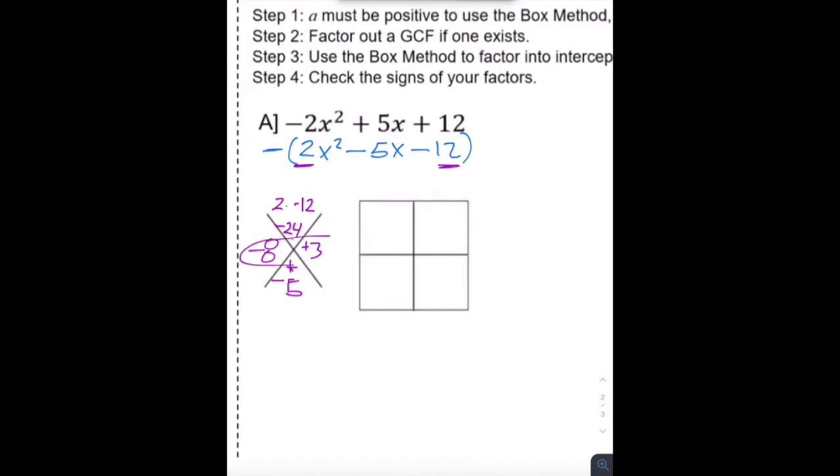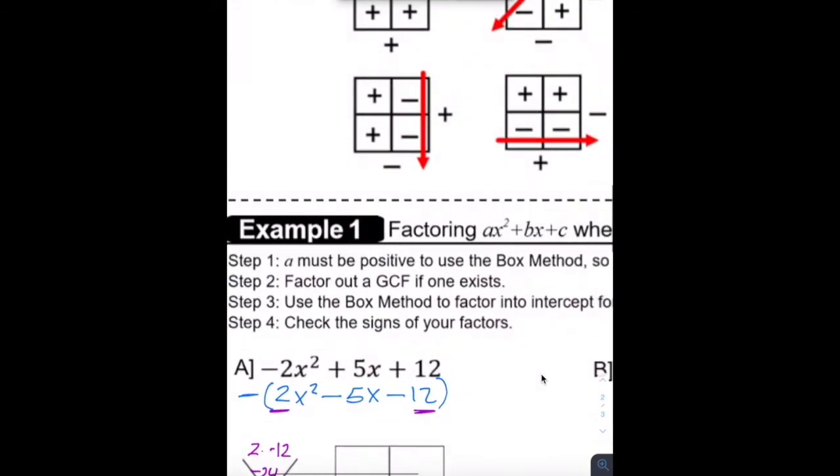These two numbers multiply to negative 24, and negative 8 plus 3 is negative 5. Good job.